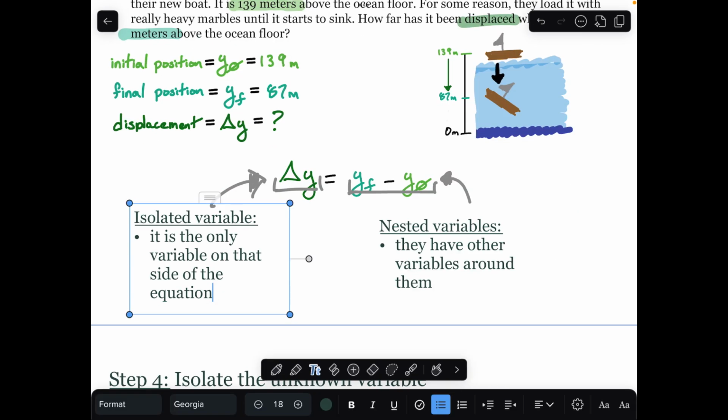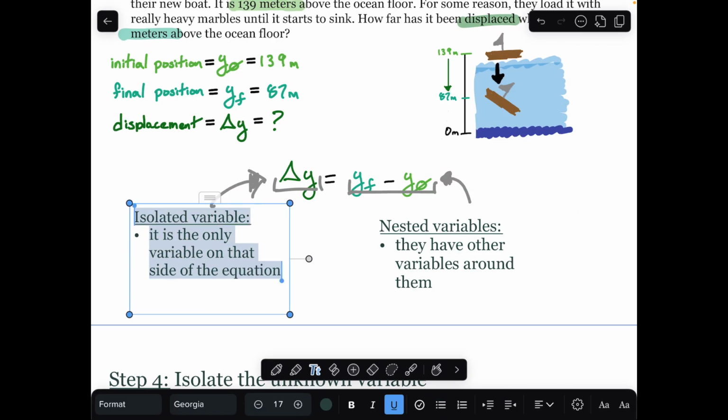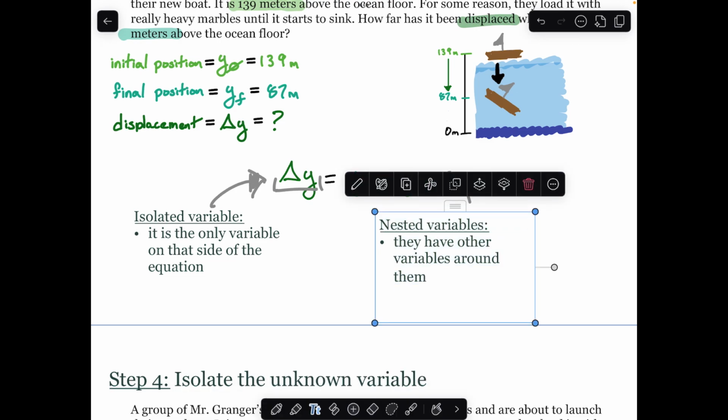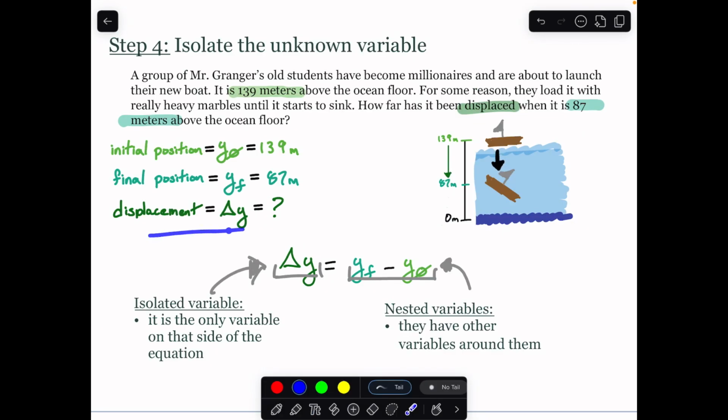This text looks too big to me. I think that's better. Since the unknown variable is already isolated, we do not need to do anything in this step, but that will not always be the case, so be careful.